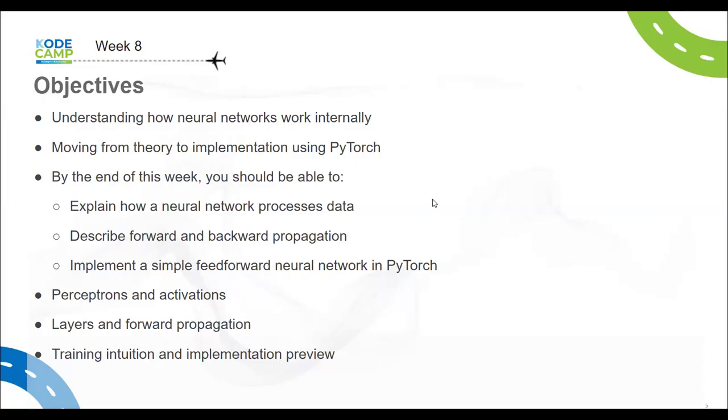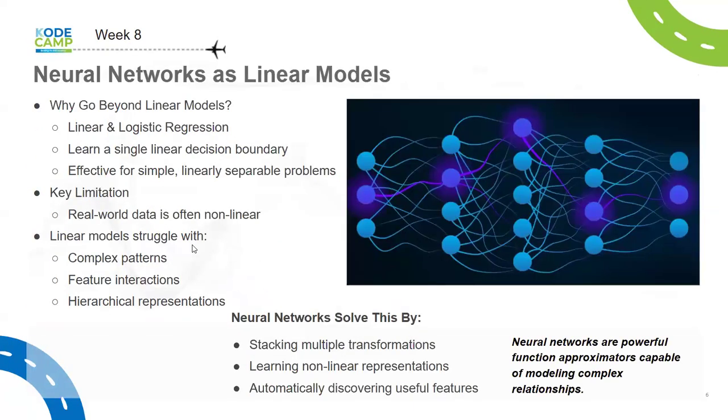So a neural network can also be seen as a function approximator, right? That is capable of modeling complex relationships. When we say function approximator, what do we mean? A function approximator is a model that you can use and it will learn a function. A simple straight line linear model, y equals mx plus c, can be a function approximator, especially if the function is not a straight line.